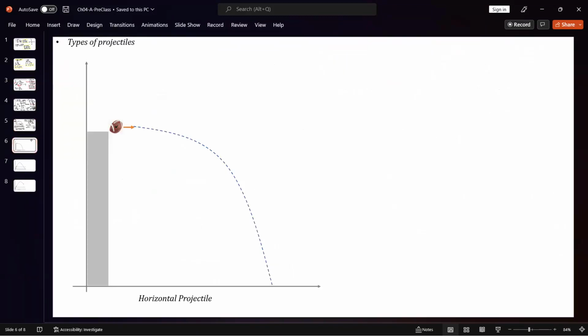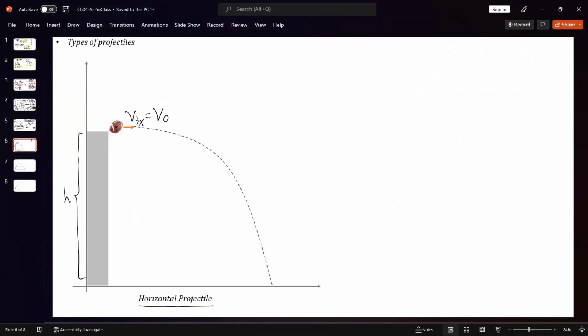This is generally called a type 2 projectile, also called the horizontal projectile. That's part 1 of the last lab. Horizontal projectile means initially we're launching this object from some height h above the ground level, but the initial velocity component is only in the x direction. This is going to be v initial x, we can say initial velocity v0.